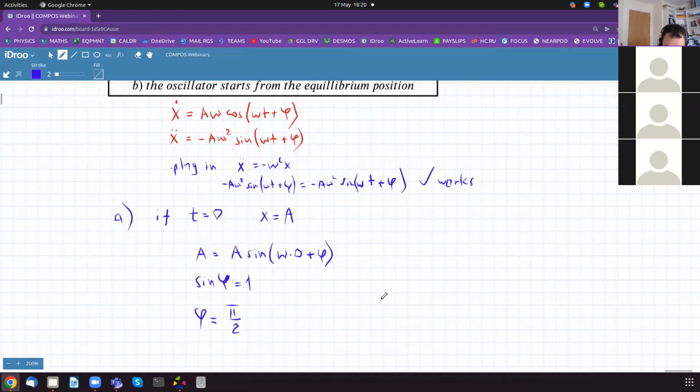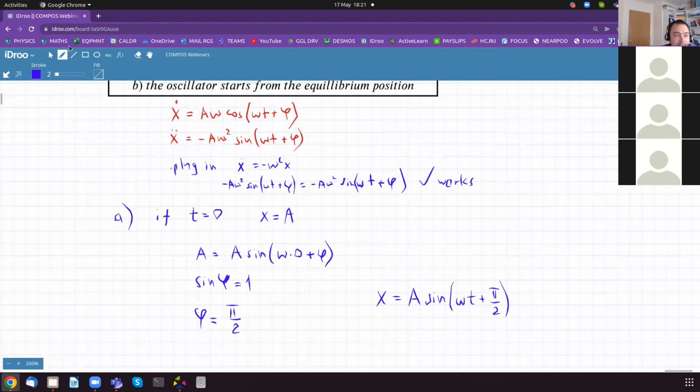Okay, so the equation will be x equals a sine omega t plus pi over 2. This is the equation if you start from the maximum position. So you let go, it starts moving backwards immediately.